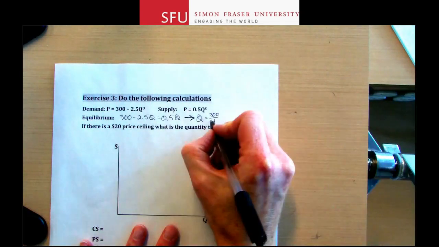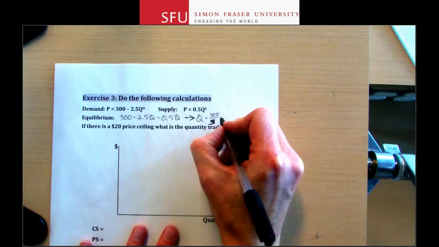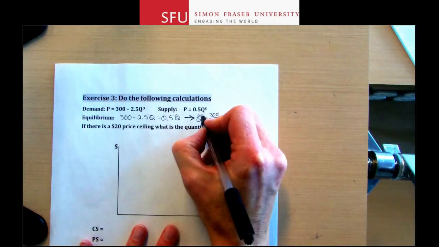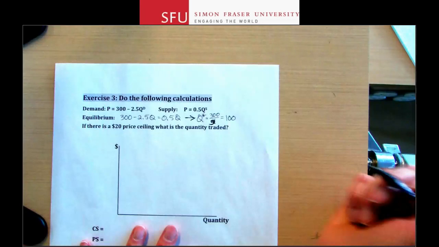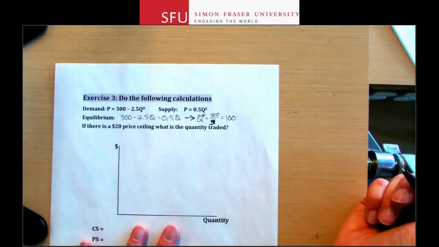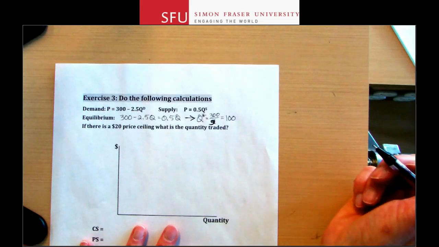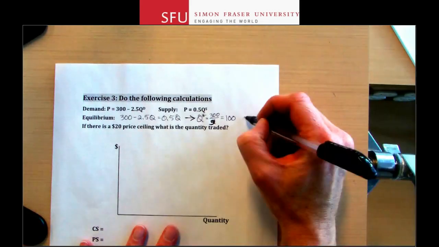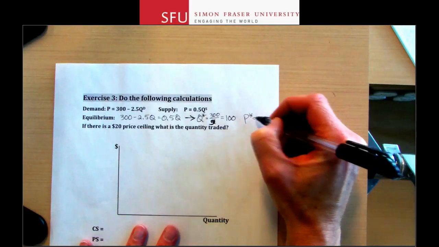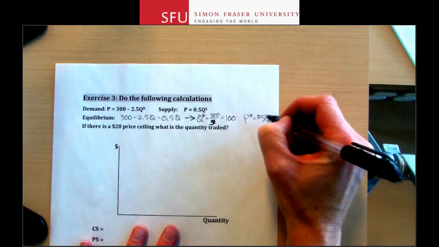No, three. Okay, Q star is 100. Okay, so then P star will be 50. Okay.